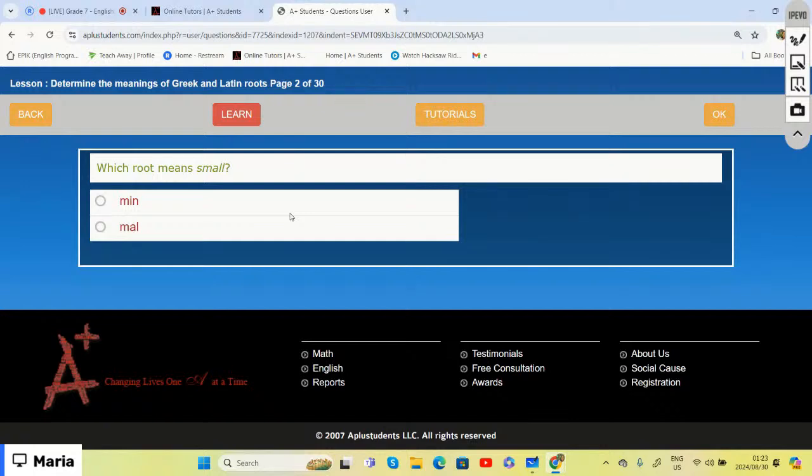Which root means small? Min or mal? Small, min or mal?